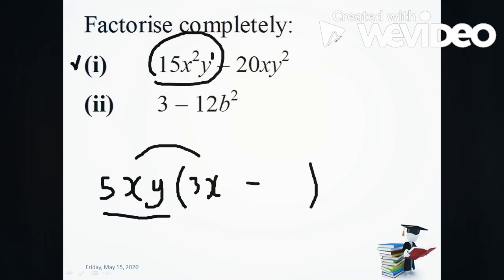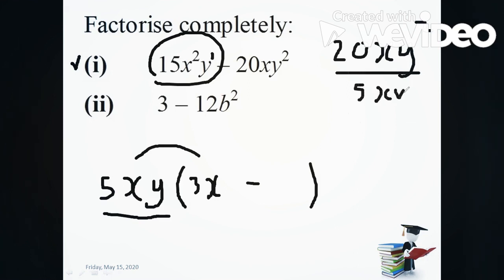So we have 20x y squared, and we're going to divide that by 5xy. All right, so clearly the x's will go out, and 5 into 20 will give us 4.